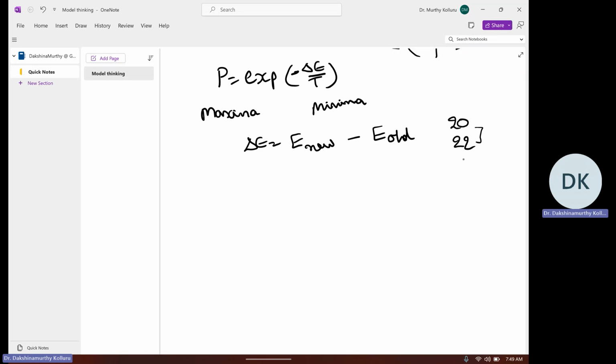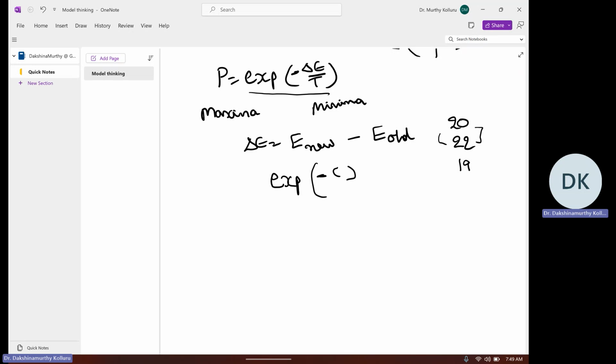If I'm finding a lesser value, the neighbor has a worse solution, so I have to accept it with a probability. So in such a case, when I get better, exponential negative of this, 22 minus 20, is a positive value.